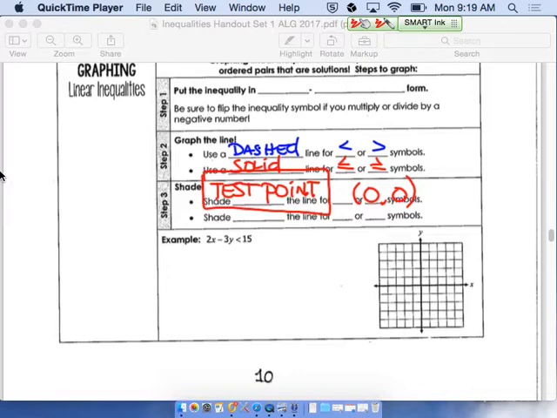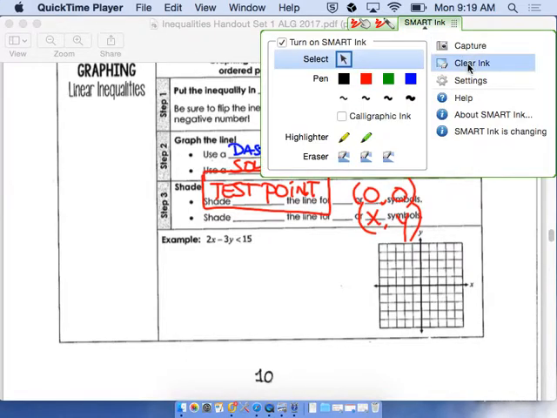Unless the line goes through the origin, you can let both x and y become 0, and it will tell you if you're shading the region that would contain 0, 0, or the region that does not contain the origin. Let's do a few of these so that you understand a little bit better what I've just said.